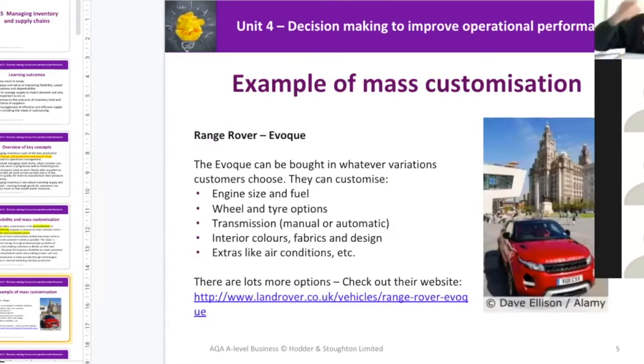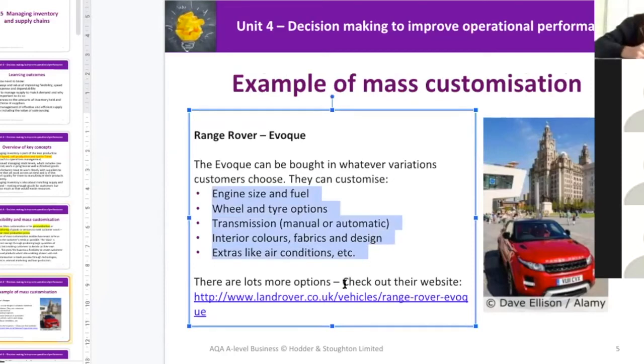So the example here is Range Rover. You know this car brand. If you look at the dot points here, you can choose different color, different engine size, different fuel, different transmission, different wheels, tires, different interior fabrics, design, different functions.